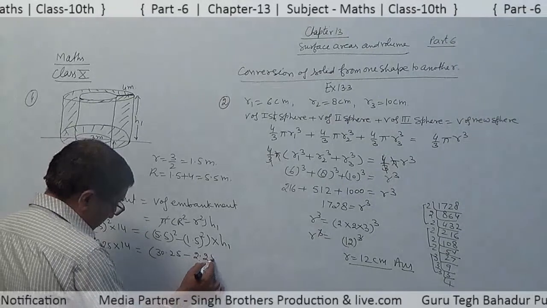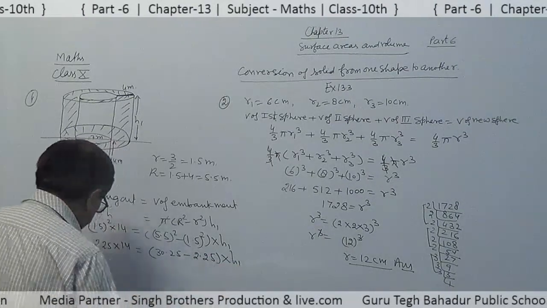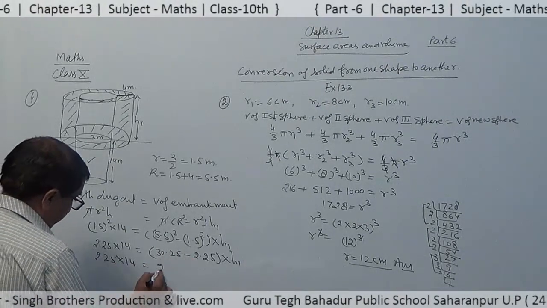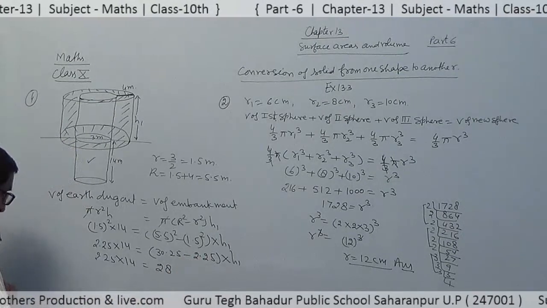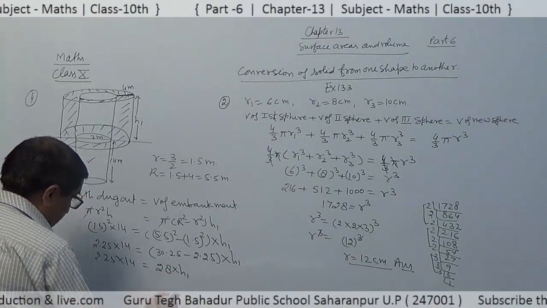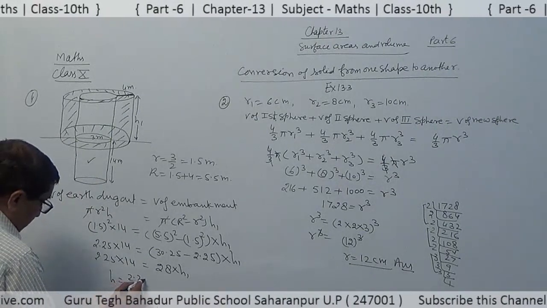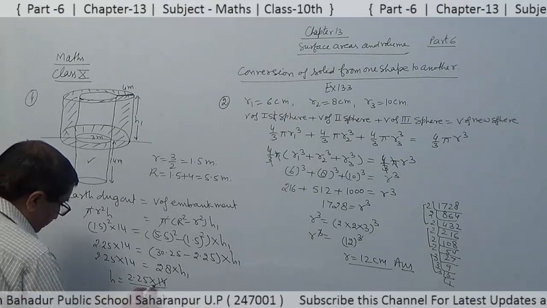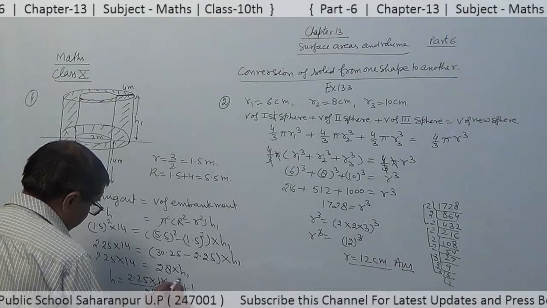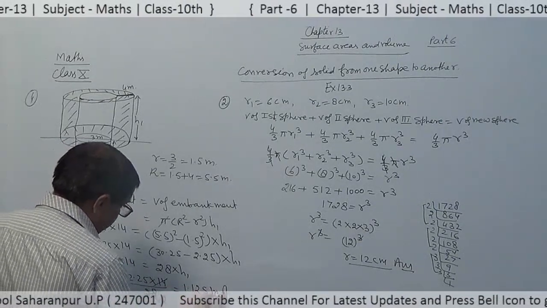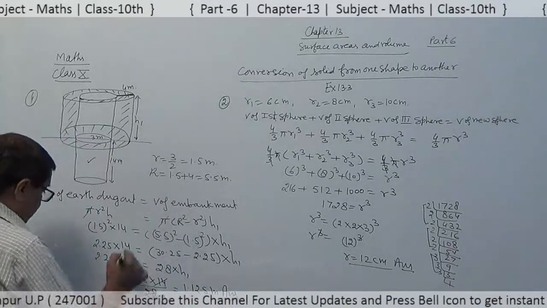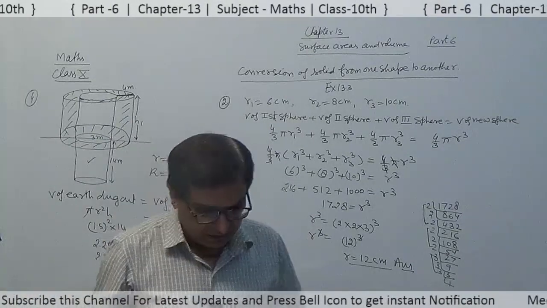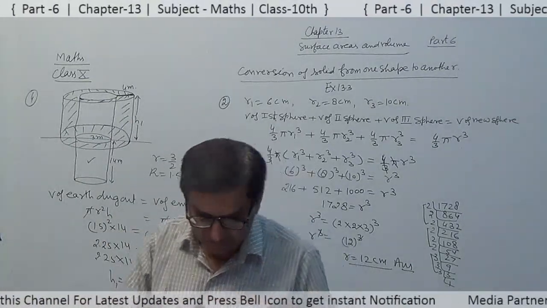So 2.25 into 14 is equal to 30.25 minus 2.25, that is 28, into h1. h1 is equal to 2.25 into 14 upon 28. Cancelling, we get 1.125 meter. So the height of the embankment is 1.125 meter.